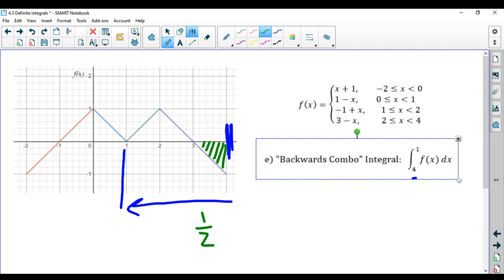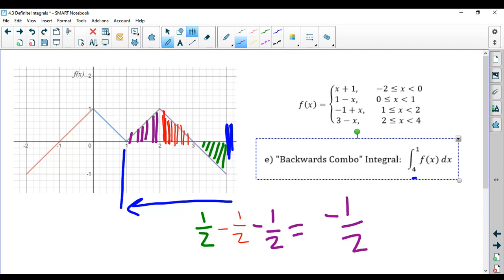Usually it would be negative, plus this area, still going from right to left. Usually that would be a positive 1/2, but we're going backwards, so that's negative 1/2. And then finally, it would calculate this area. This is still normally positive, but we're going backwards, so that's negative 1/2 again. So it's a negative 1/2 minus 1/2 minus 1/2. This integral is negative 1/2.